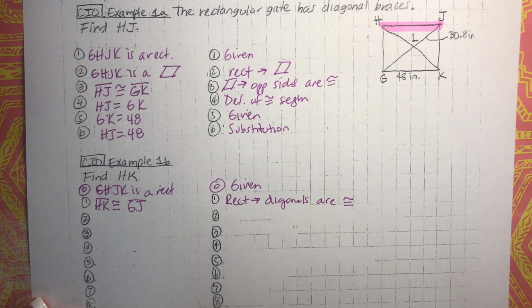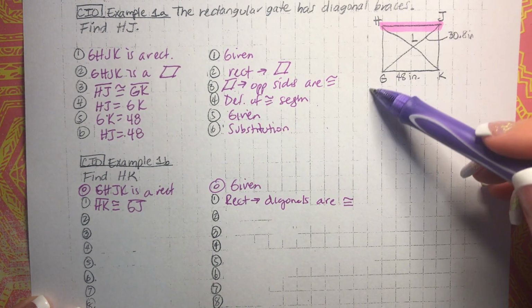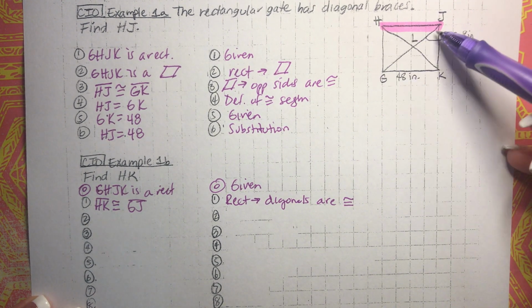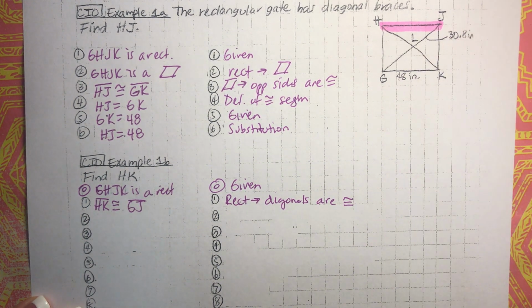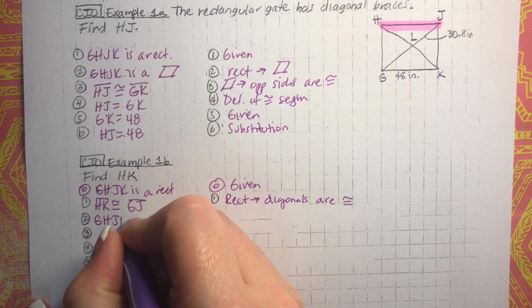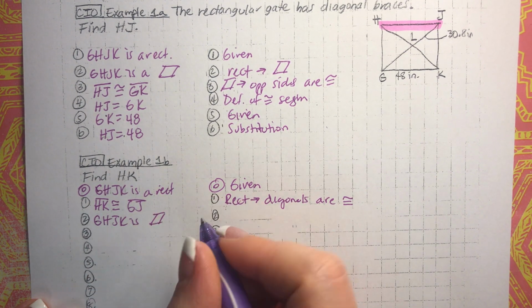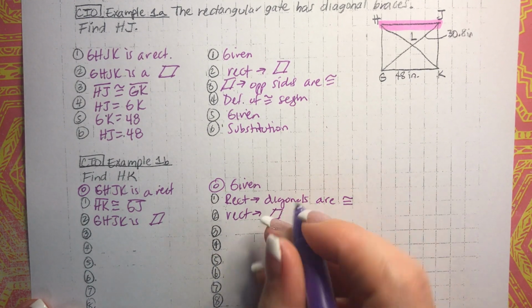Then I want to play on the fact that these diagonals bisect each other, and they bisect each other because it's a parallelogram, right? So I think I'm going to say that GHJK is a parallelogram because if it's a rectangle, then it's a parallelogram, right?